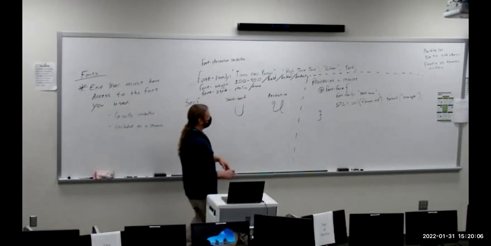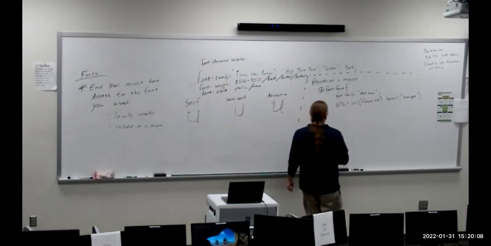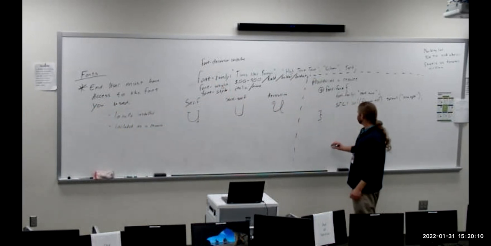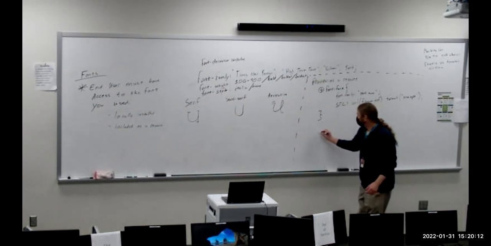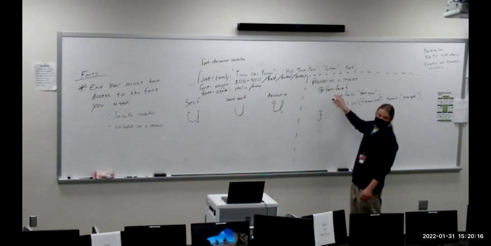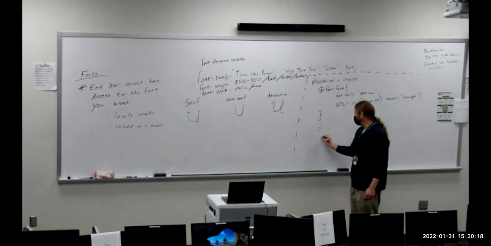So once we have that, then we apply it to this property. Maybe somewhere later in the CSS sheet, I always like to put that sort of thing up at the top, make sure it's there before we ever get around to using it. Somewhere later, we have a paragraph selector.